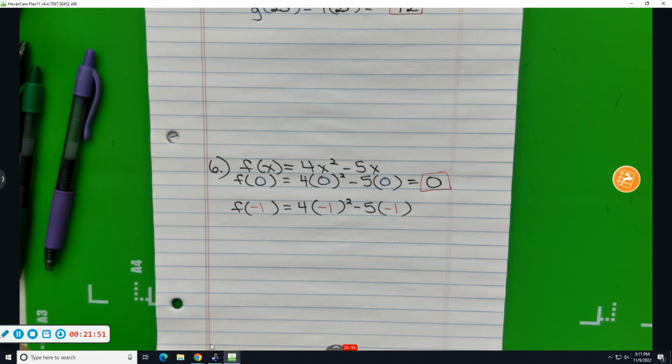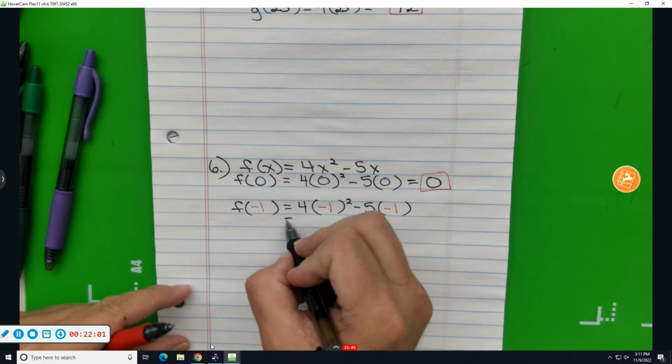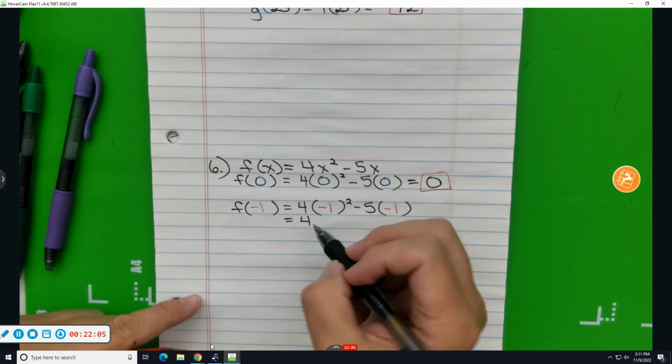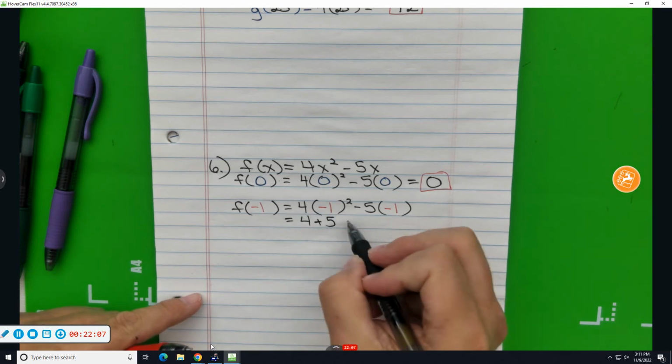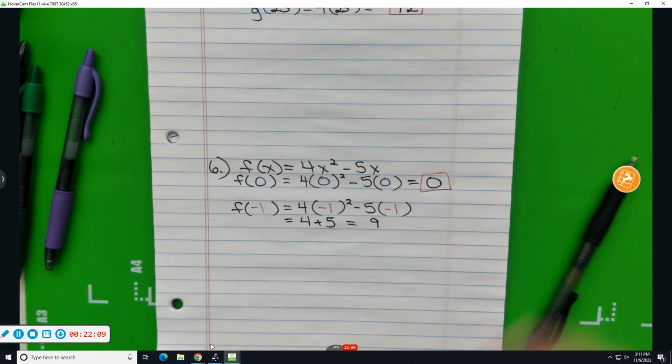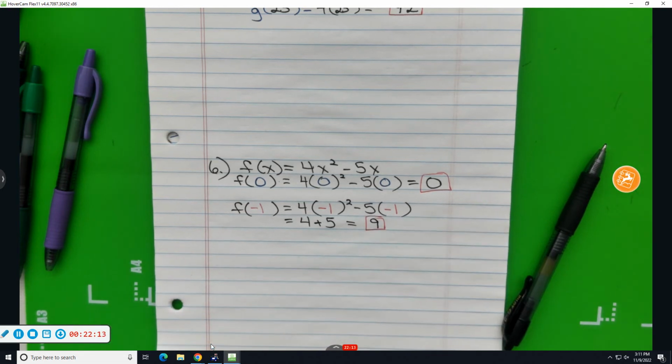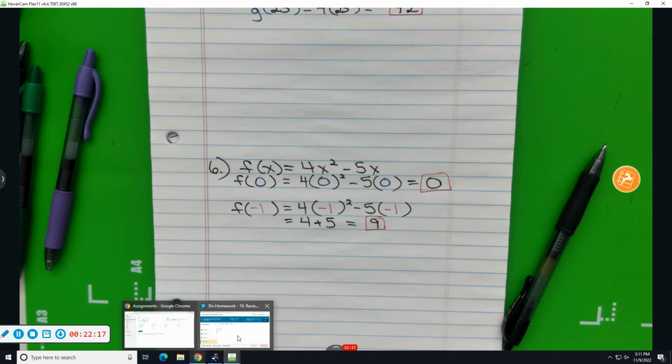Remember your order of operations. You perform the exponentiation first. Negative 1 squared is positive 1 times 4 gives me just a 4. Negative 5 times negative 1, that's a plus 5. 4 plus 5 gives me a final answer of 9. So f of negative 1 is equal to 9.